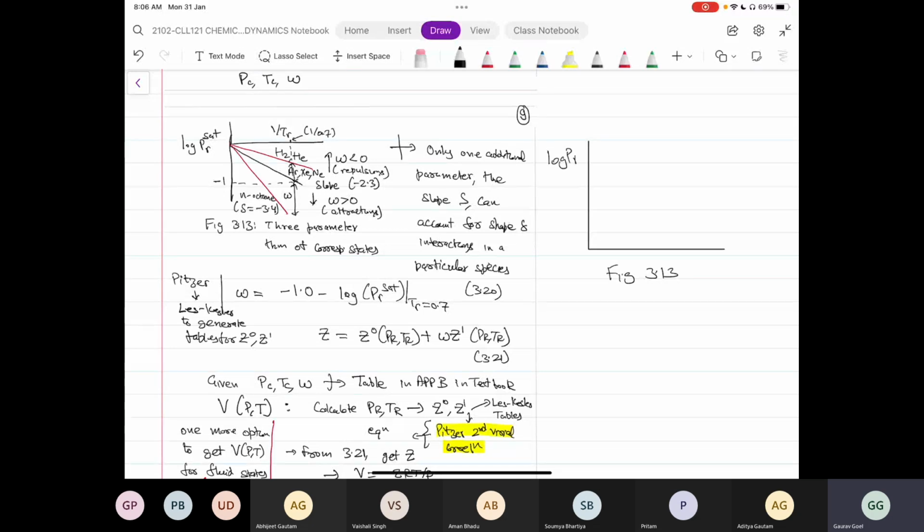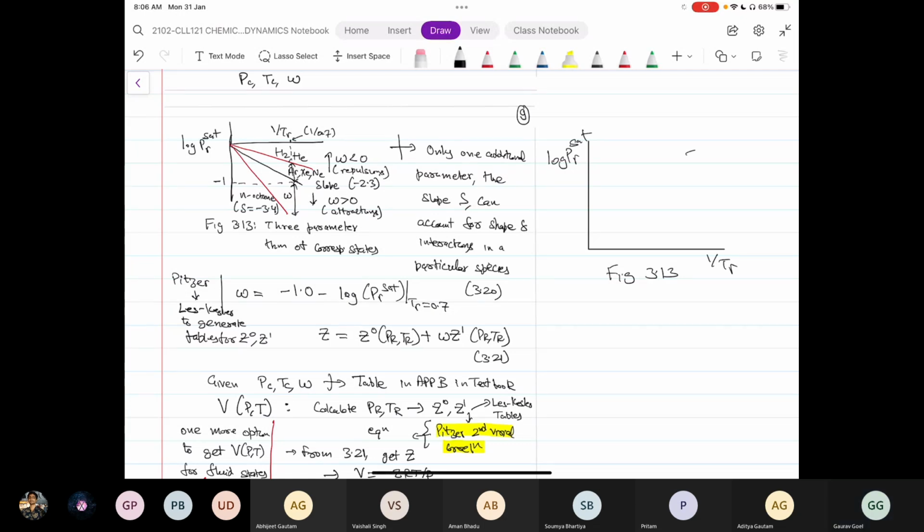When I plot the reduced quantities in this fashion, because I'm plotting reduced variables, if a two parameter equation of state was sufficient, then I would get a single curve for all the known species. But it was observed that is not the case. The different curves do not overlap.